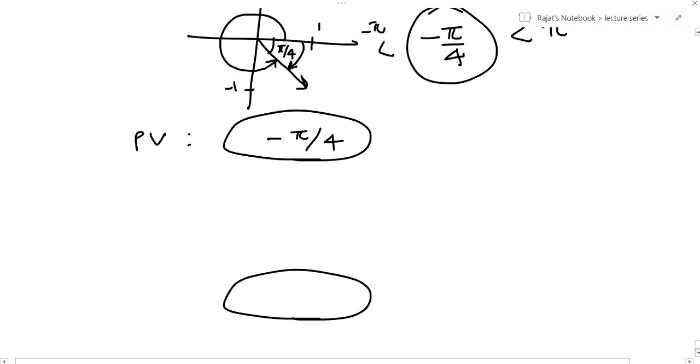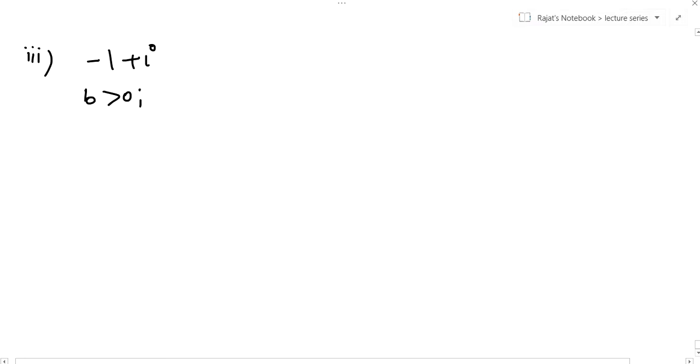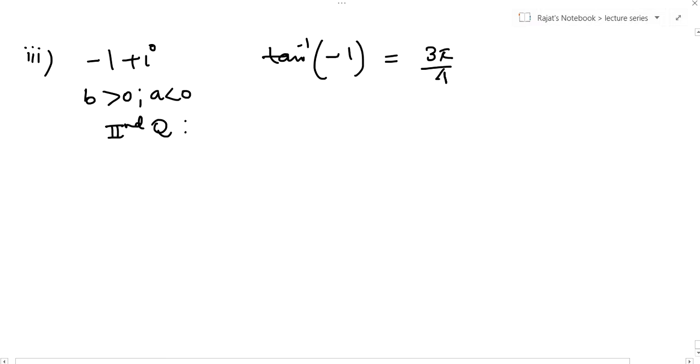Okay, let's take another, third example: minus 1 plus i. Now b is positive, a is negative, so this lies in the second quadrant. If you solve, you will get tan inverse of minus 1 again. So you can have two values, 3 pi by 4 and 7 pi by 4, but 7 pi by 4 lies in the fourth quadrant.